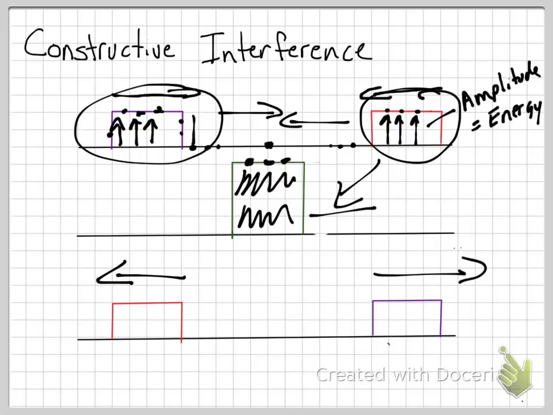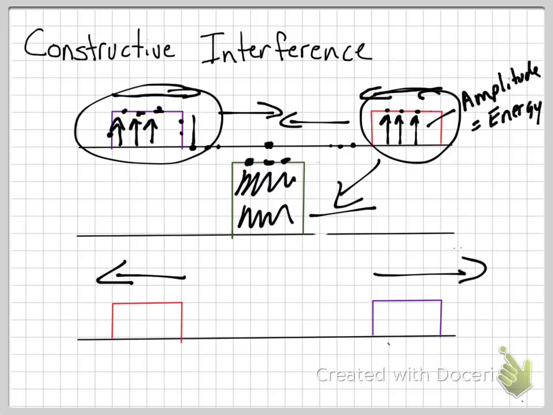So to summarize, constructive interference is when you have two positive pulses coming together. So in this case, we have two crests. You could also have two troughs, two negative pulses coming together. They are in phase because they're on the same side of the axis. And when they come in contact with each other, or completely overlap each other, they add their energies together.